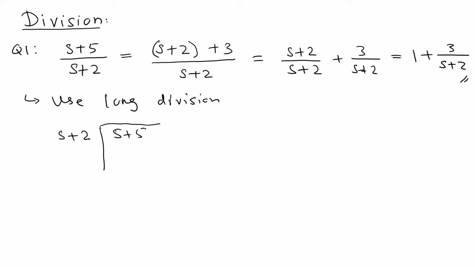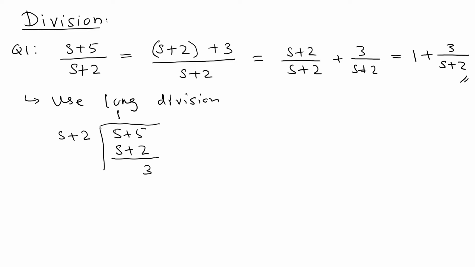When you divide by s plus 2, you can see that there's a 1 of them. So we have 1, and when you multiply by 1, you get s plus 2. Then what we do next is subtract them. When you subtract, what we normally do is change the sign of the bottom one and add. If you do that, you get 3 as the remainder.